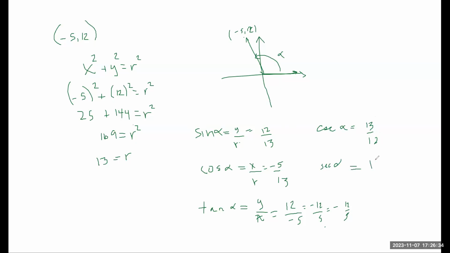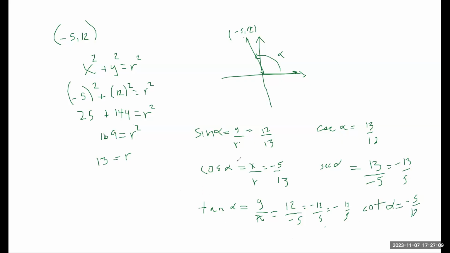And instead of putting 13 over negative 5, since I don't like leaving negative signs in denominators, I'm going to write this as negative 13 over 5. The reciprocal of the tangent is the cotangent function, cotangent of alpha. And instead of writing this as 12 over negative 5, I'm going to write it as negative 5 over 12. And that's how we write our trig ratios when our angle is not in a right triangle.